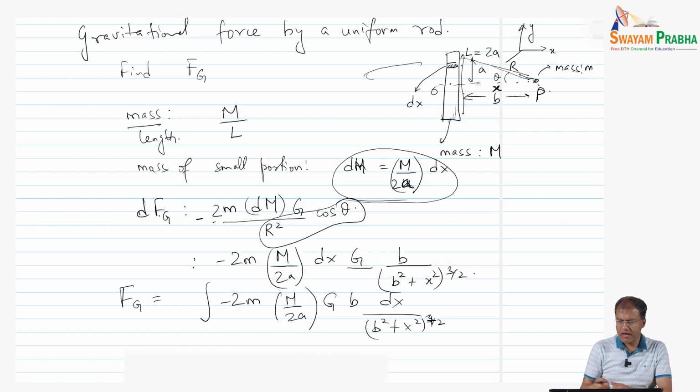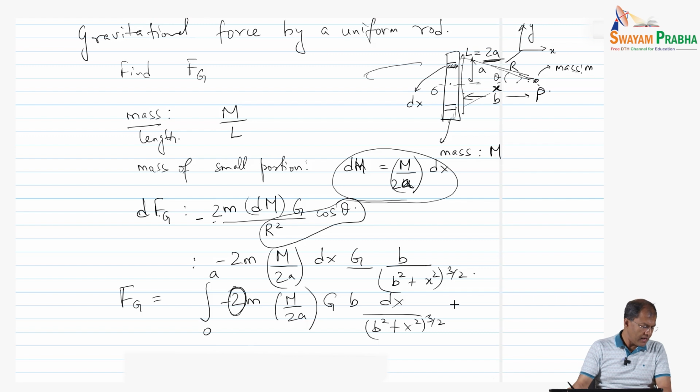And now notice that since we have multiplied by 2, we have taken two equal masses and added up their contribution from the top and the bottom, and hence it made sense to keep the length 2a, right? Since we have added the contribution from two equal and opposite masses, we have to keep the integral from 0 to a and not from minus a to plus a, because we have already put in a factor of 2.